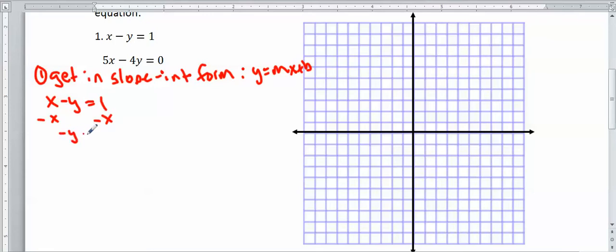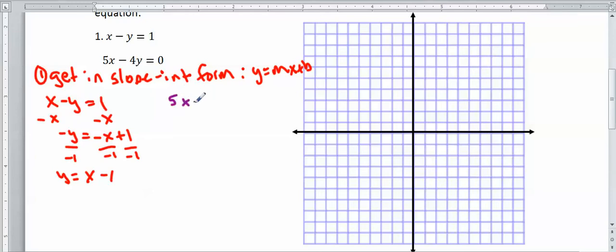So negative y is equal to, remember I can't combine x and 1 because they're not like terms, negative x plus 1, and then divide everything by negative 1 to get y by itself. So I'm left with y equals positive x minus 1.